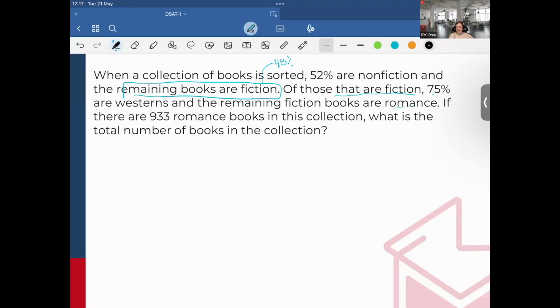So first, let's say there's T, the total number of books. So I know that 0.48 of the total books are fiction, right?